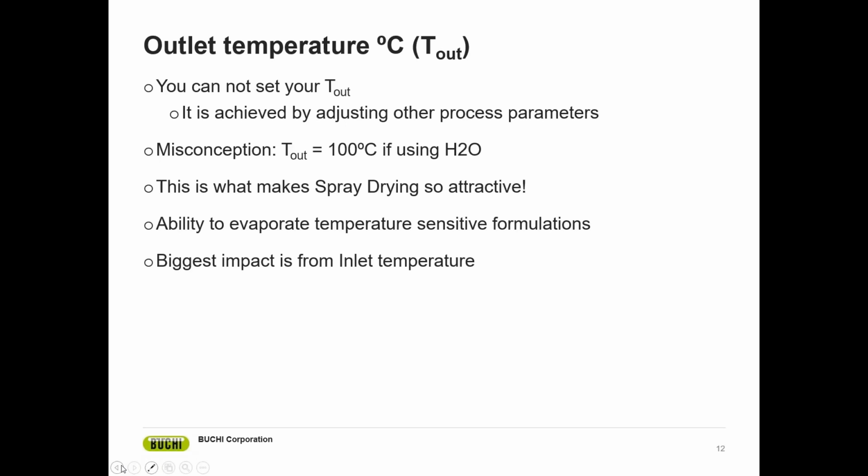So at the end of the day, I'm able to evaporate at lower outlet temperatures by adjusting my droplet size. And I think this is what really makes spray drying so attractive for temperature sensitive items. And the biggest impact on outlet temperature would be how hot my inlet temperature is.